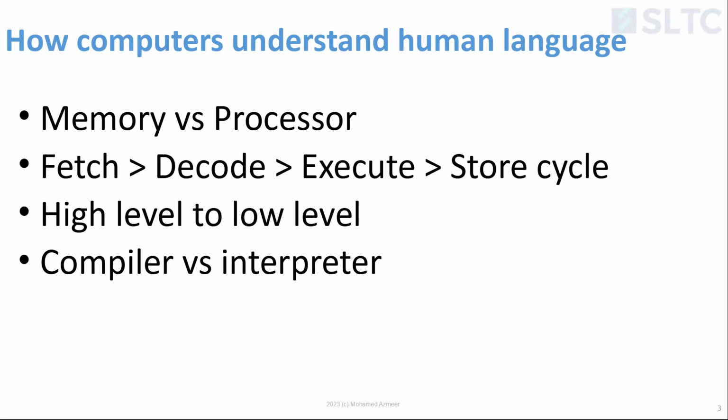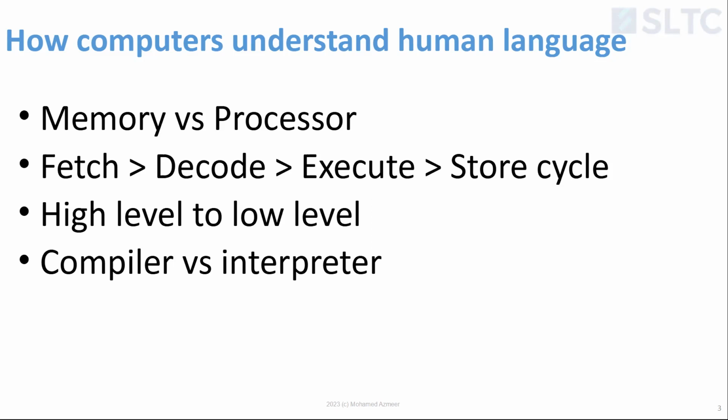So we need a mechanism to translate what we want to that electrical signal so that the computer can understand what we want. And then the computer will come back with some result. And that result also we need to understand, what is the computer trying to tell us. So in order to do that, we both come together into a middle ground, and that is called symbols. So we use symbols to talk and also get feedback from the computers.